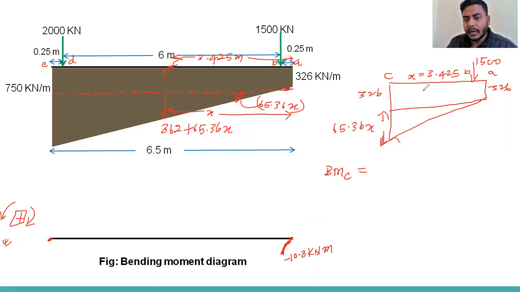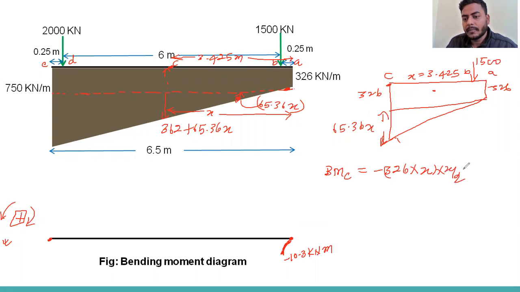So we can calculate the bending moment at C. We can write this loading pattern, rectangular, I'm calculating. So this will be minus 326 into x. We can put x equal to 3.425. So this is the load into the distance from here to the center of gravity, which will be x by 2.